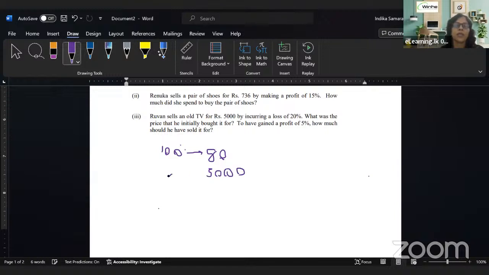Now ask you to find the buying value. So then what you have to do is multiply 5,000 by 100 divided by 80. So what is the answer here?